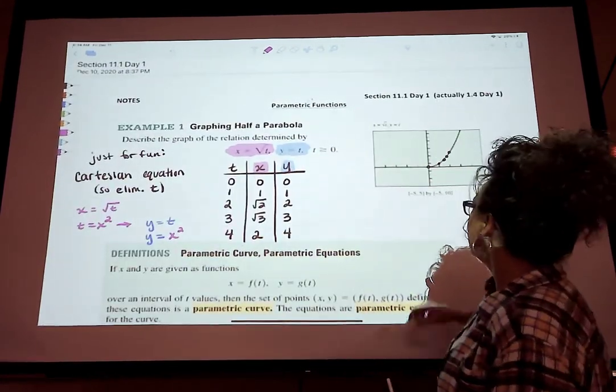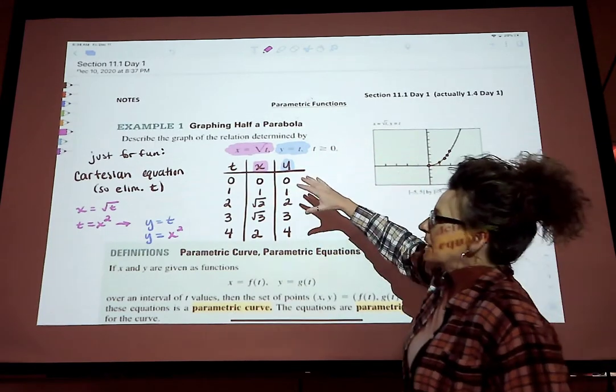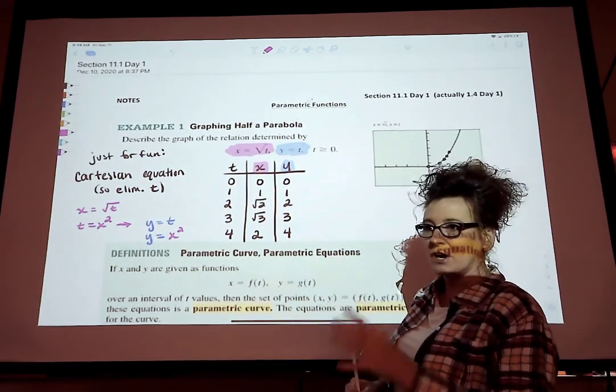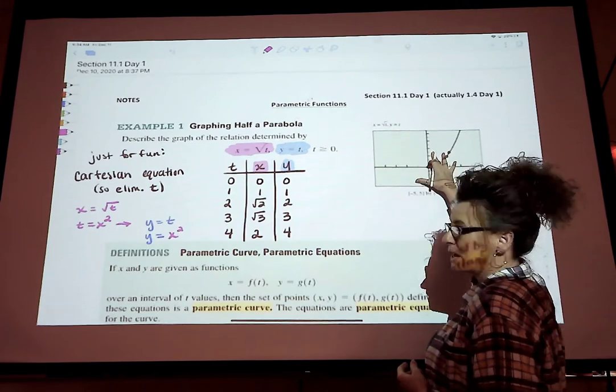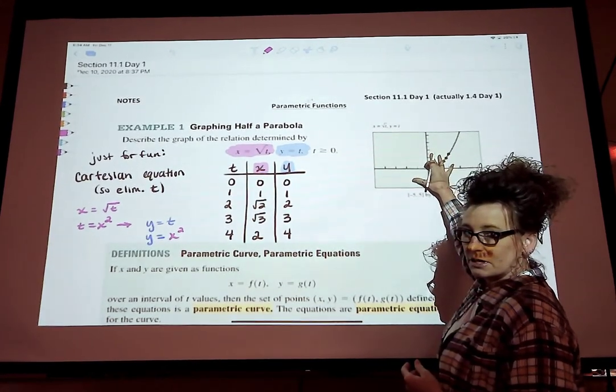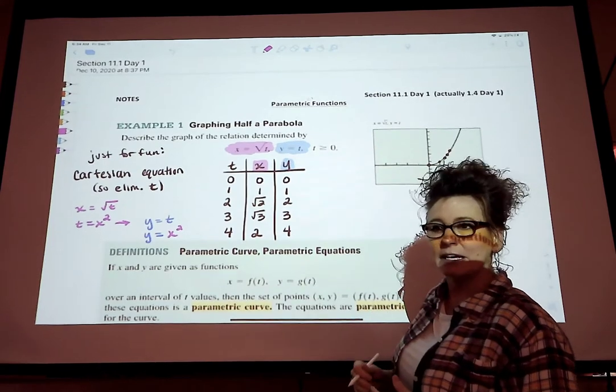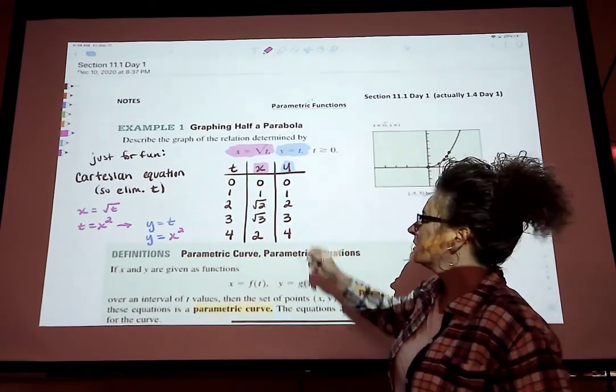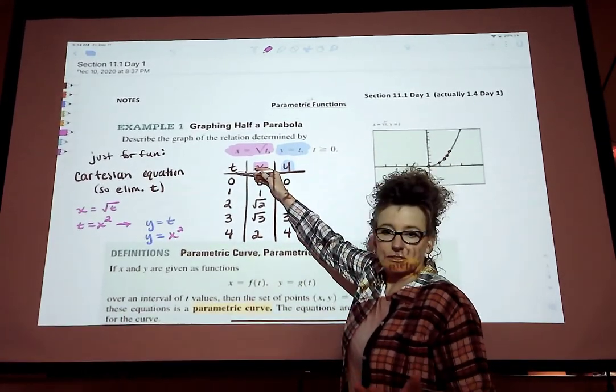Okay? And what parametric equations give you? They give you kind of two things. One is they give you a shape on a graph. They also give you a hidden progression. And t usually represents time.